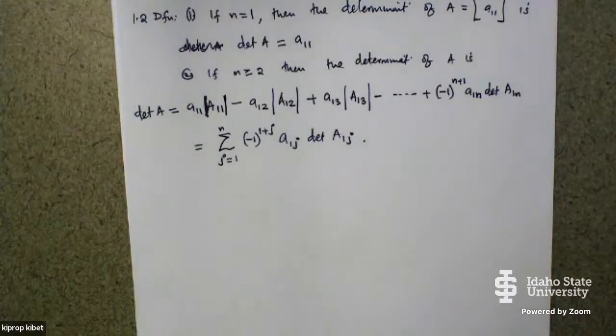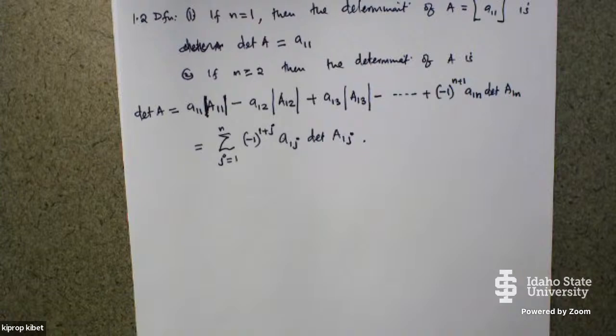So to get a determinant of A, you can use the first row, the second row, the third one. If you use the first row, then it is a11 multiplied by the determinant of the sub matrix, minus a12 multiplied by the determinant of the second sub matrix, like that, until the last one.